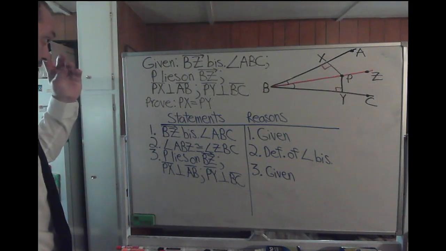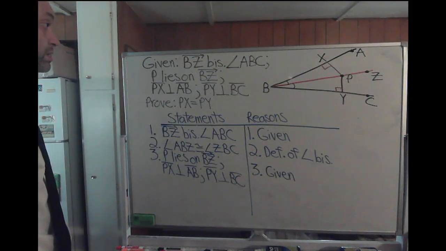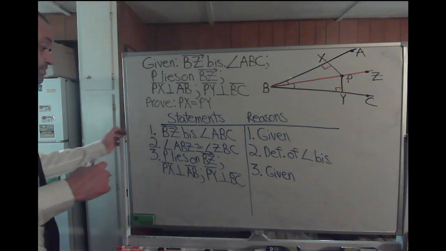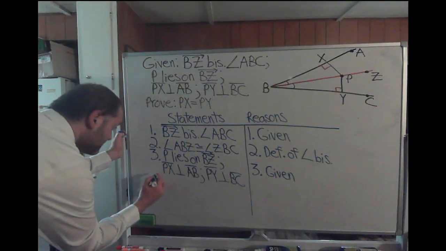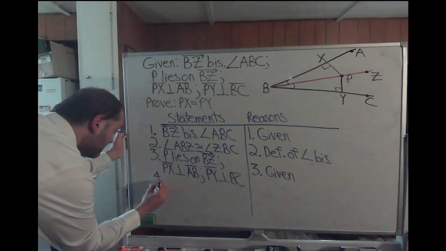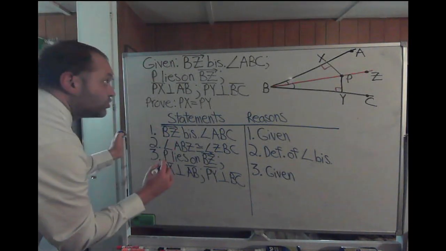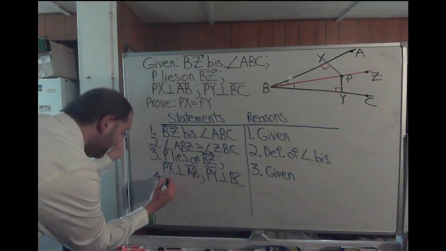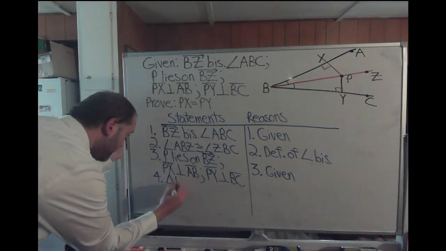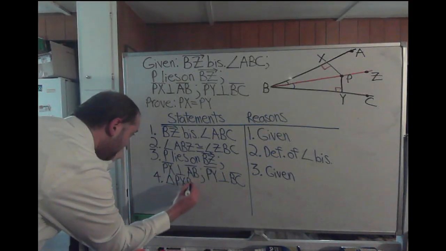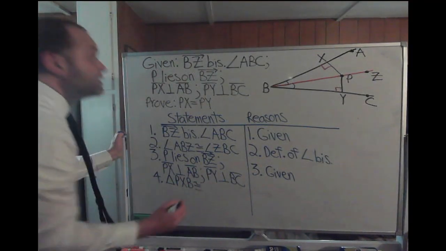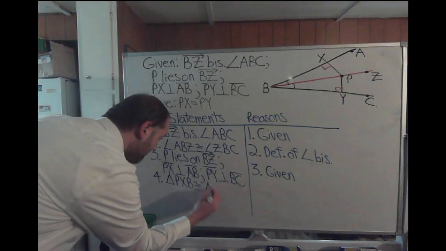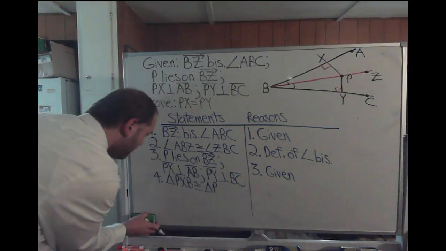Okay, now we have here that triangles PXB and PYB. Not congruent yet.